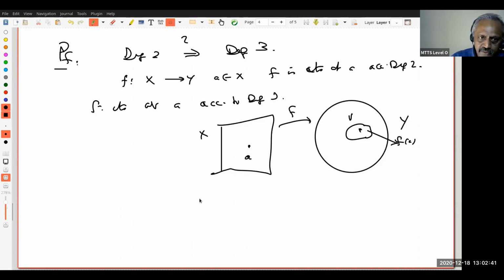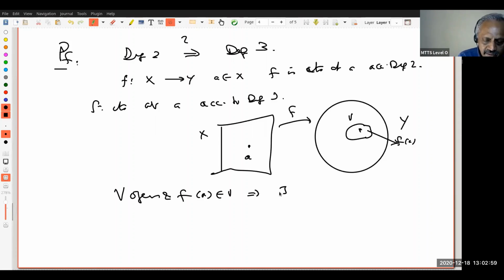Now you see, to prove this equivalence, we are working in a metric space. So I have to say this V is open in the metric space Y containing f(a). Okay, so V is open and f(a) belongs to V. What does this mean?